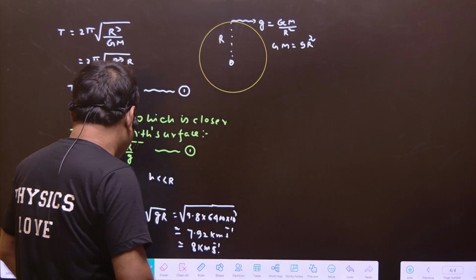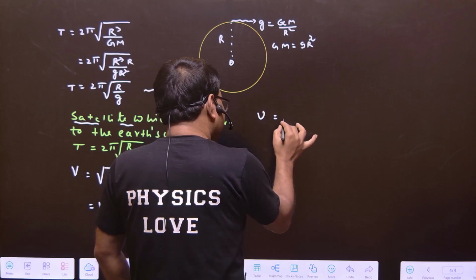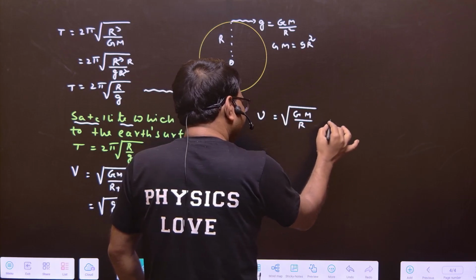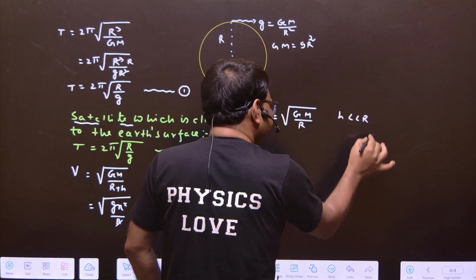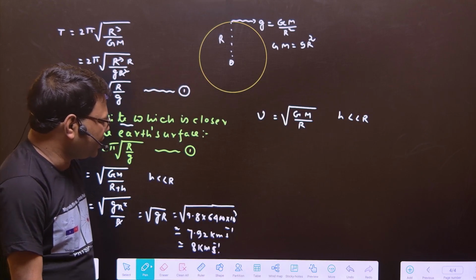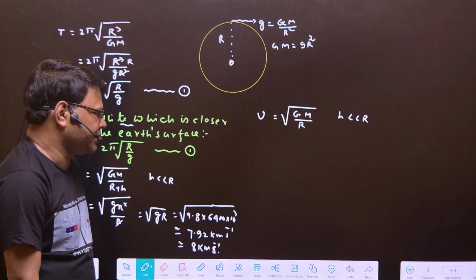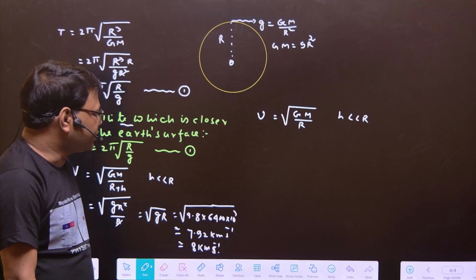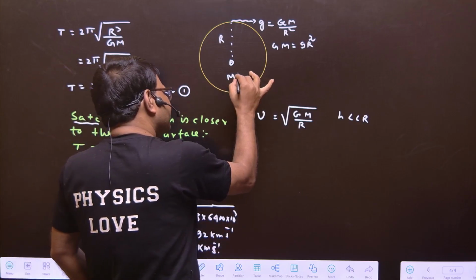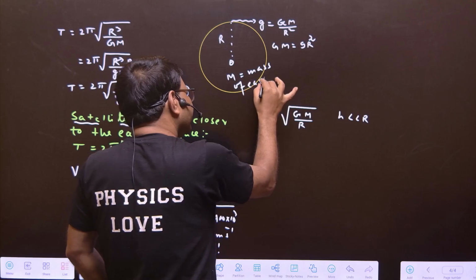Now see here, I am writing: for the closer surface, V is equal to root over of GM divided by R. h has already been neglected. Here M means the mass of the Earth.